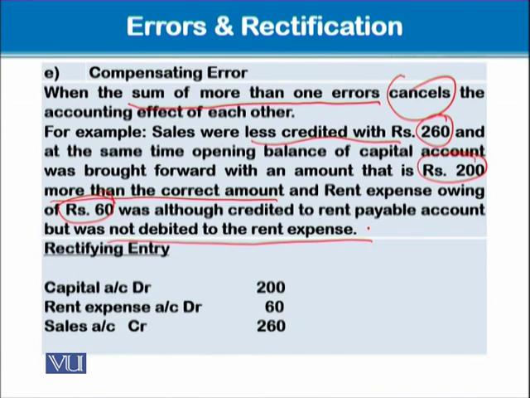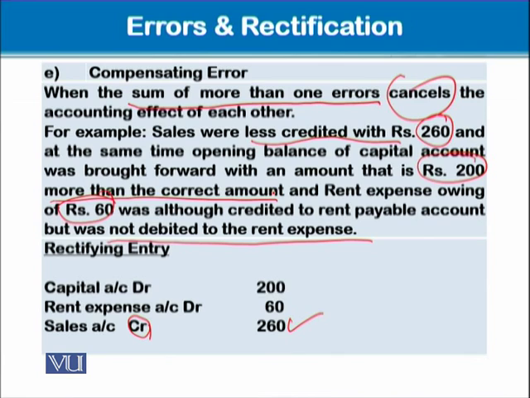So, let's see. Sales were less credited with 260. So, the only effect is that we have to credit sales account with 260. It will rectify the issue of this error. The second thing is opening balance of capital account was brought forward with an amount that is 200 more than the correct amount. We know very well that the nature of capital account is credit. If we have put 200 more in the opening balance of capital account, now we have to reduce it.